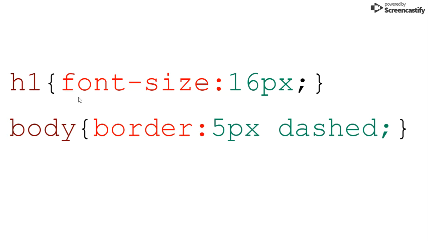The name is just the built-in name of whatever style you're putting in, and the value is the outcome of that. So my font size is going to be 16 pixels because that's what I set it up to be, and this number can be changed any time. Remember, that's the most important thing, and it's used in all different CSS parts. So border, colon, value, semicolon. It always follows attribute name, colon, value, semicolon.